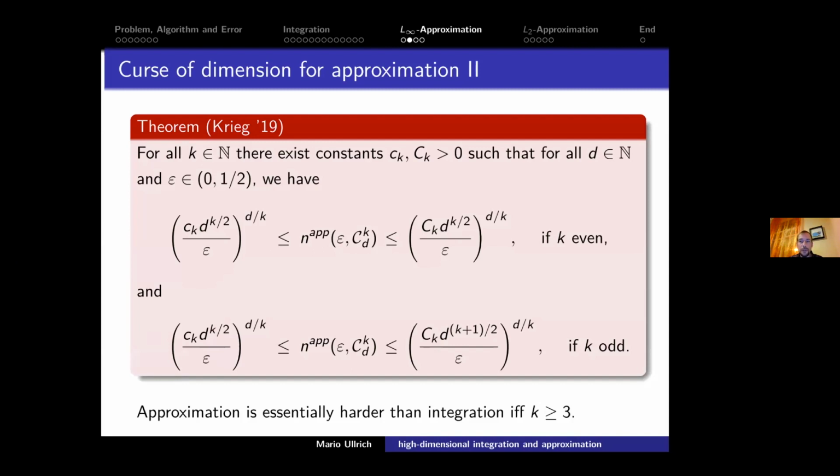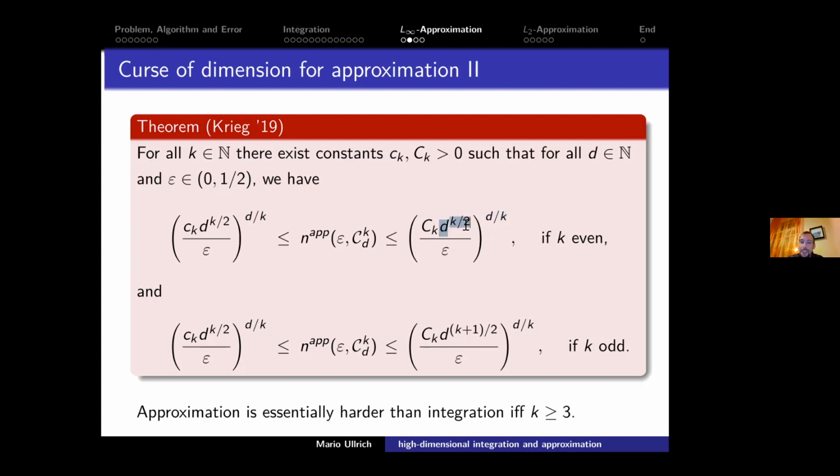He proved in 2019 that there is a case distinction, unfortunately. So for all k there is a constant c_k such that for all d and epsilon smaller than 1/2, if k is even, you have the familiar formula, something with d/epsilon to the d/k. So 1/epsilon to the power d/k is the order of convergence here.